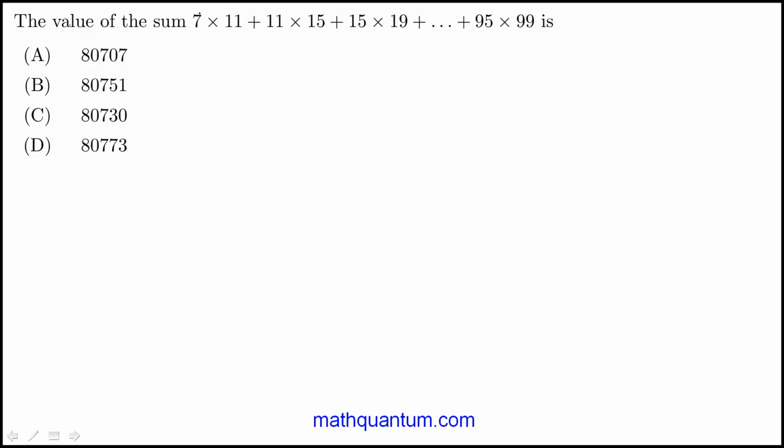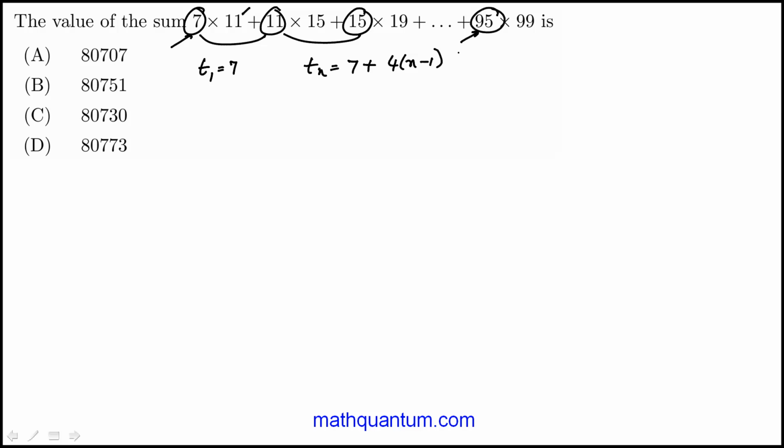So the first thing to note here is that these first terms are an arithmetic progression. They're all 4, increasing 4. And this is, of course, also 4 more. So if T1, let's call that 7, is the first term, then the nth term here would be 7 plus 4 times n minus 1.